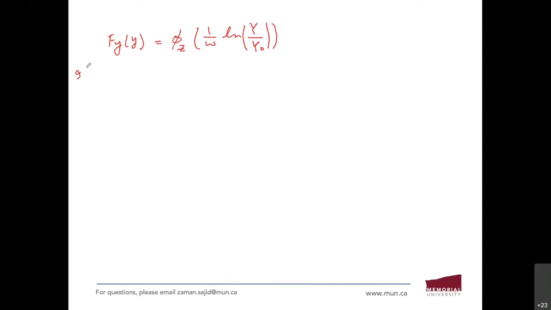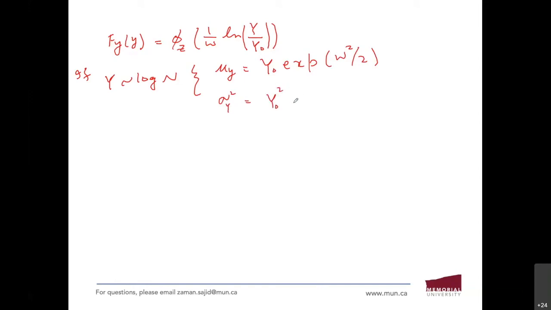Now here we define it. If our y belongs to the log normal distribution, we have mu of y as y naught exp of w square over 2, and the variance is equal to y naught square exp of w square, and we multiply it with the exp of w square minus 1.